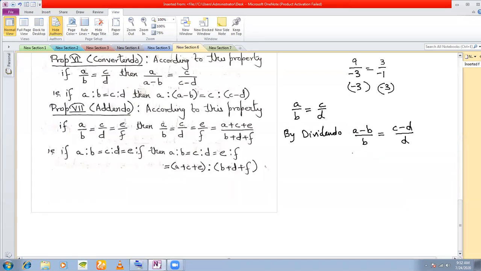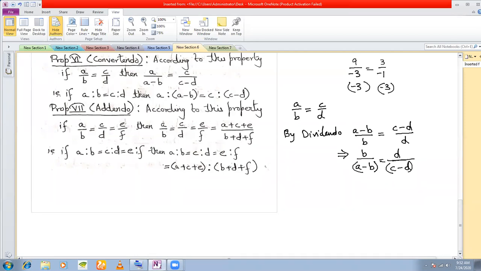So I must have b by a minus b is equal to d by c minus d. This is what convertendo is.